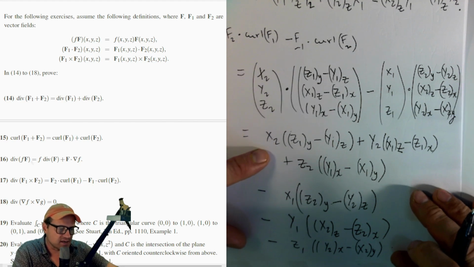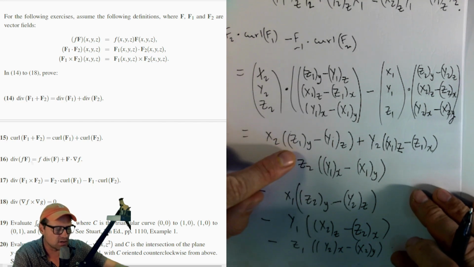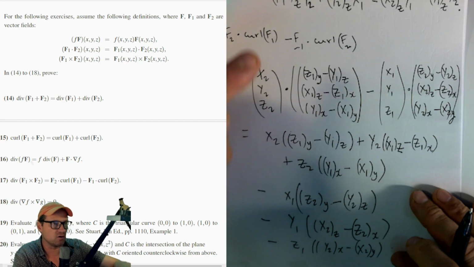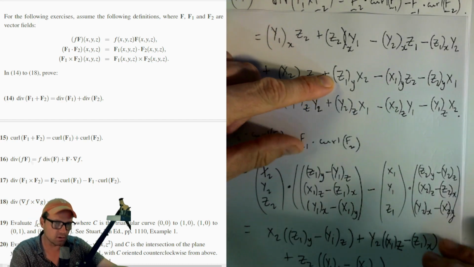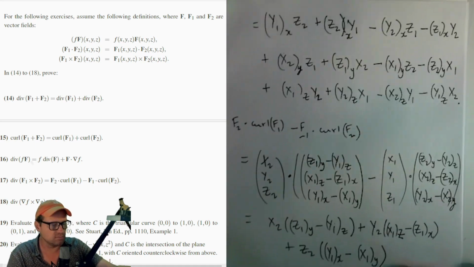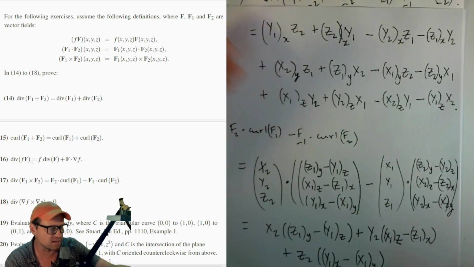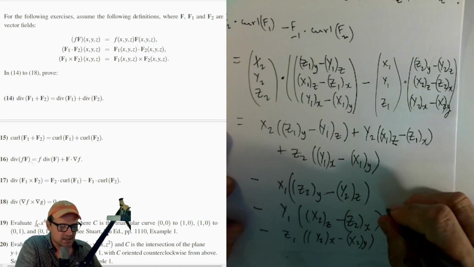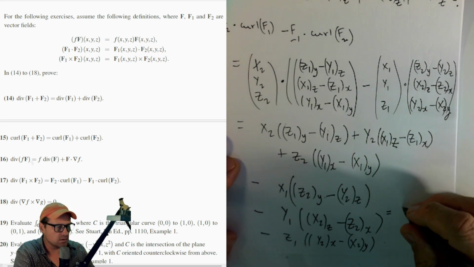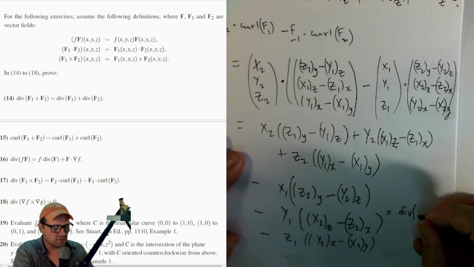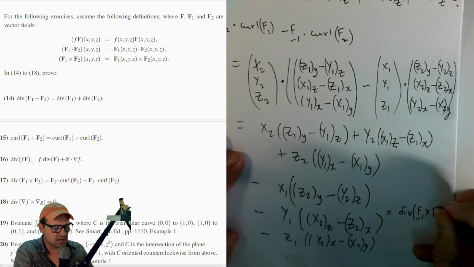When we expand this, do we have an x2 z1 subscript y over here? Let's have a look. Yes, it's right here. And a further expansion of this, you can verify yourself that it will give this. So yes, this is equal to the left-hand side, which is div of F1 cross F2.